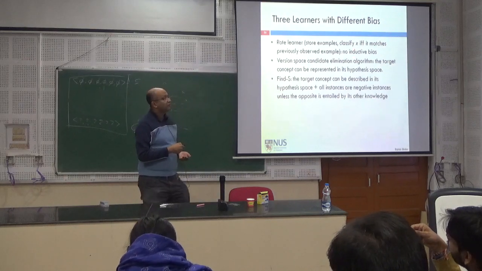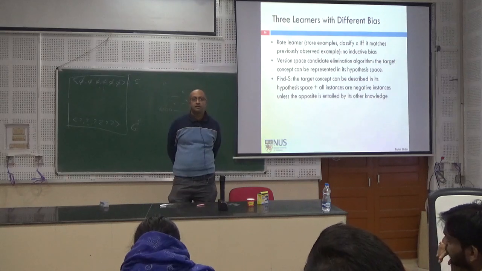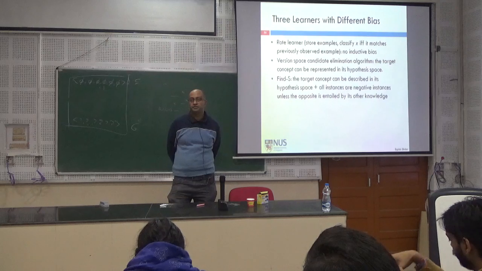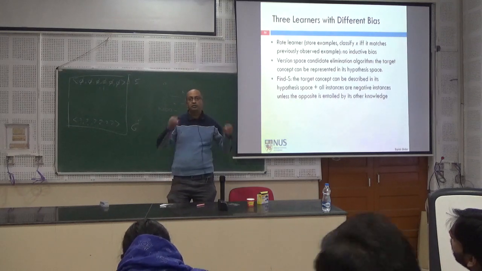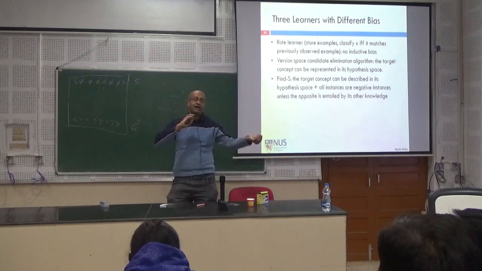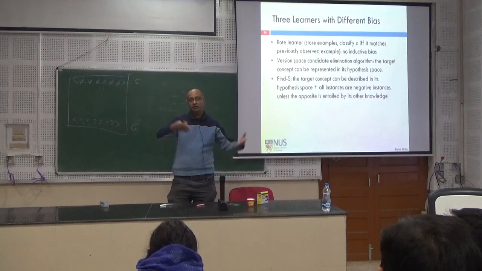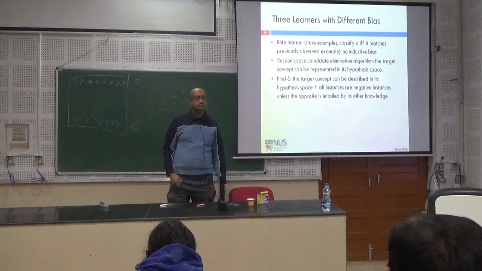But it has no inductive bias. It doesn't assume anything. It has not made any kind of assumption on any hypothesis space. It hasn't said that whatever attributes I've seen, they should have been an and or an or whatever. It just says if I've seen it, I know it's part of the thing, so I will classify it.